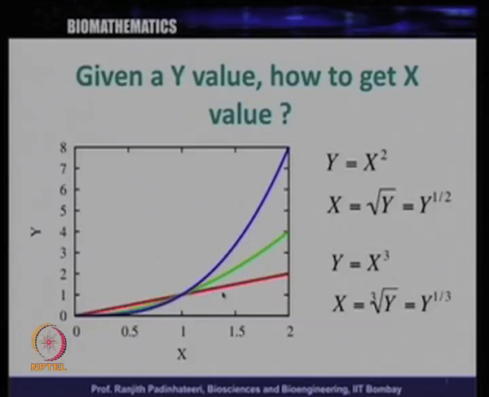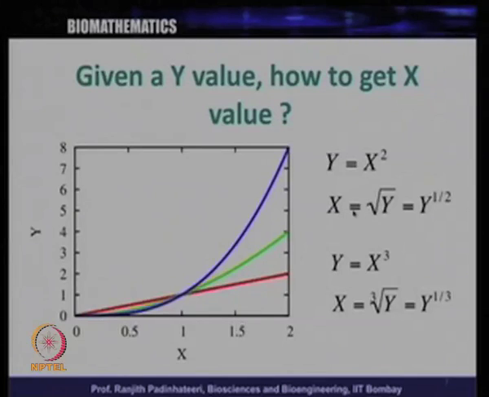The red, green and blue curves are y equal to x in red, y equal to x square in green, and y equal to x cube in blue. We have seen this plot in the previous lectures. In any of these cases, if you know the y value, how will you calculate the x value? Let us take the example of y equal to x square.